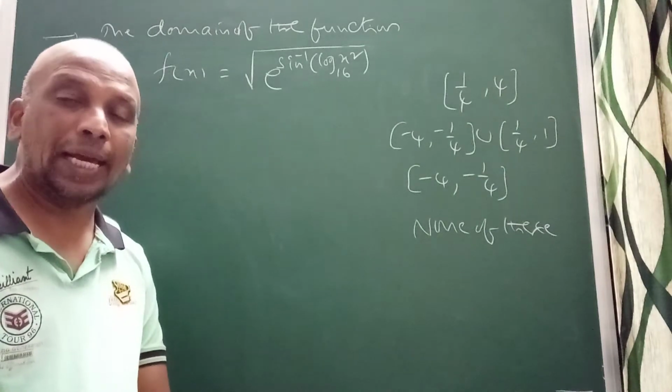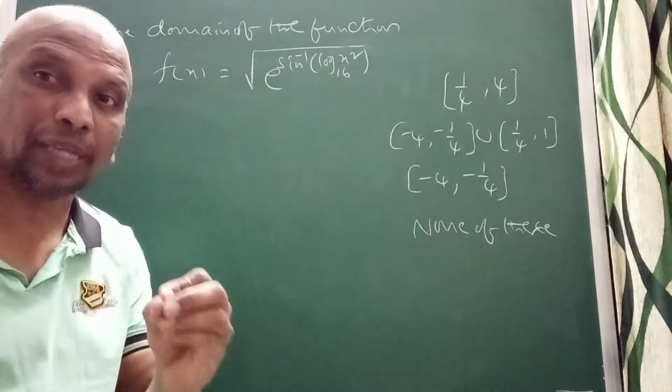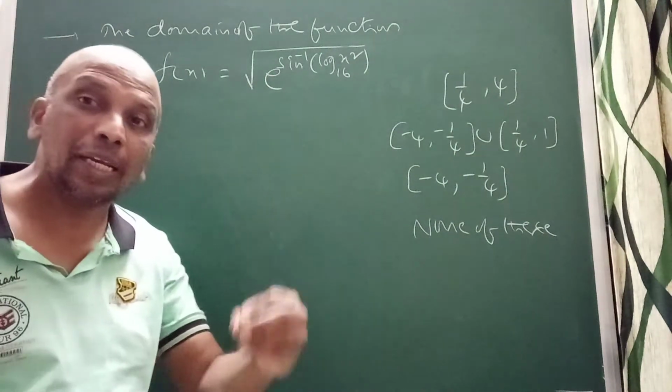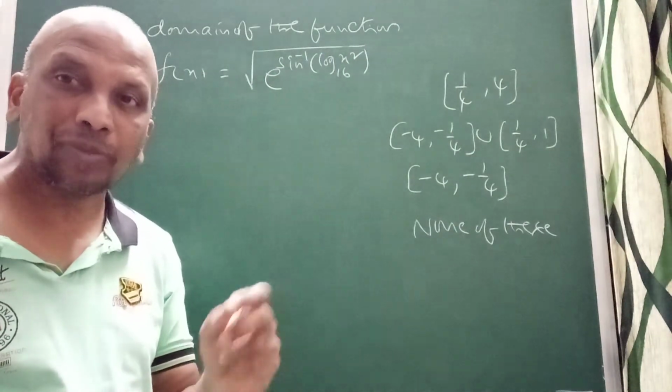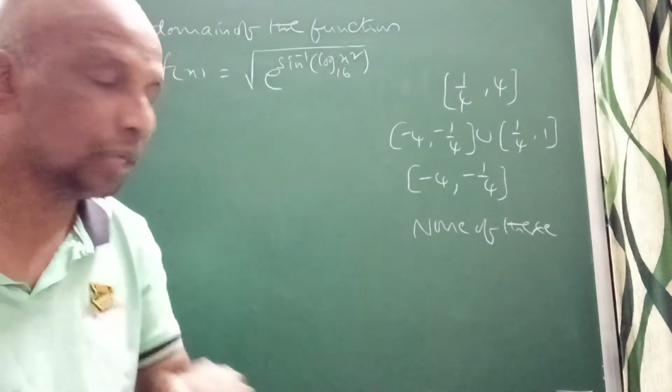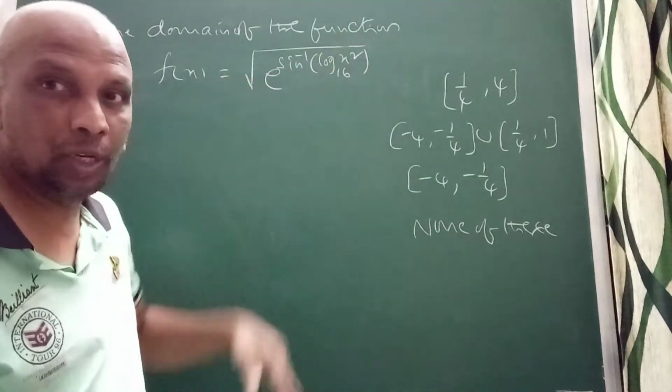So when they are talking about sin inverse x, what is the domain of sin inverse x? x should lie between -1 and 1. So this value should lie between -1 and 1. Why?